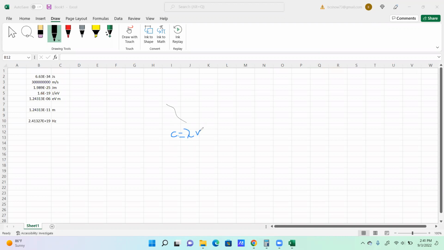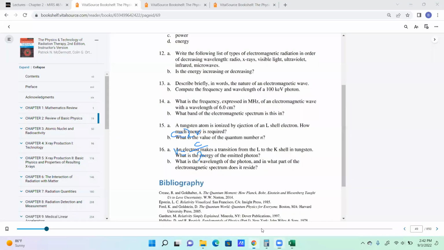If we want to know what the frequency is, take c, which in this particular case, I believe we have a wavelength of 6 centimeters.